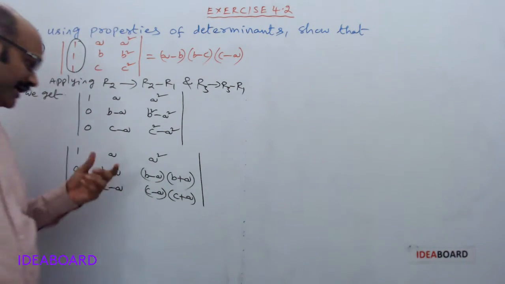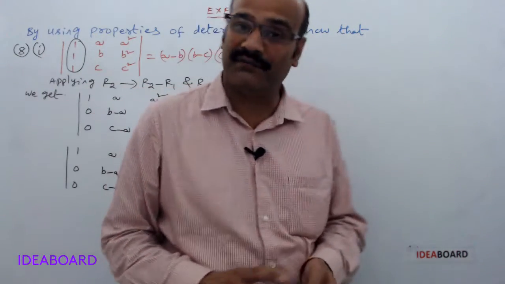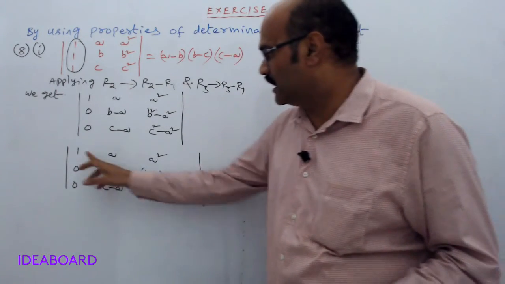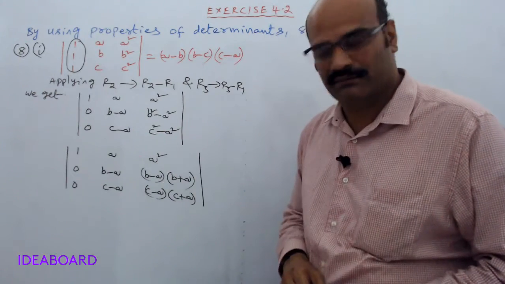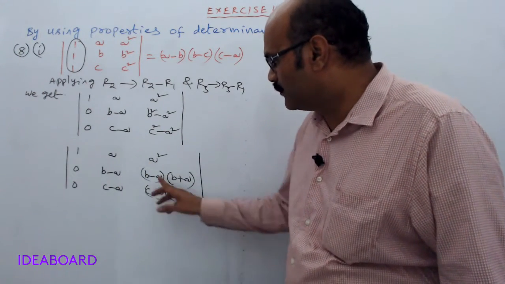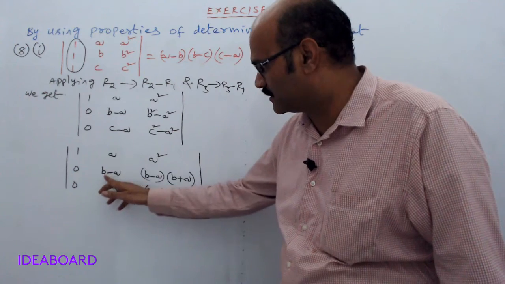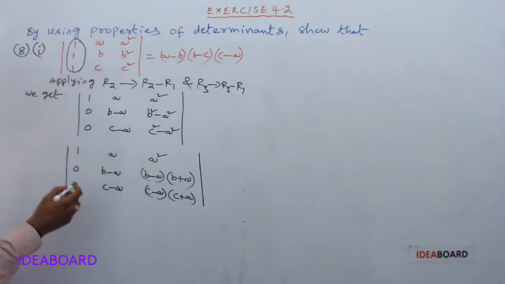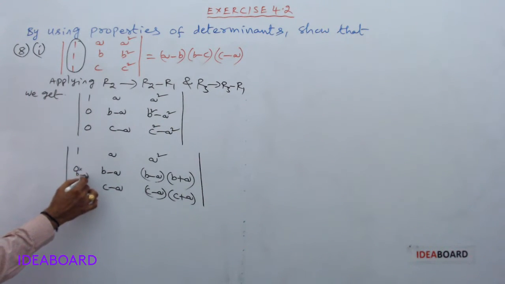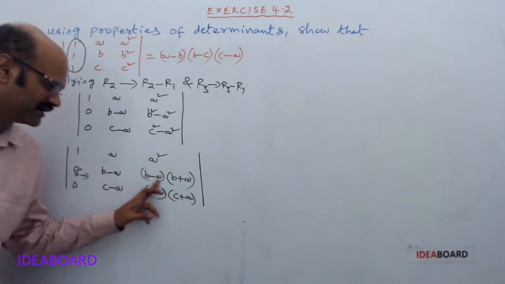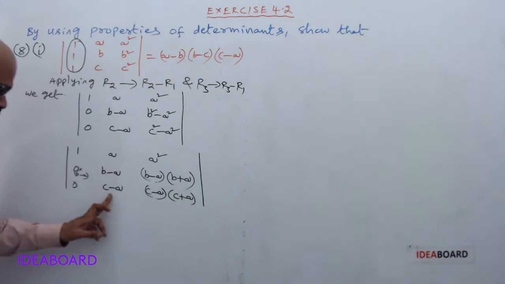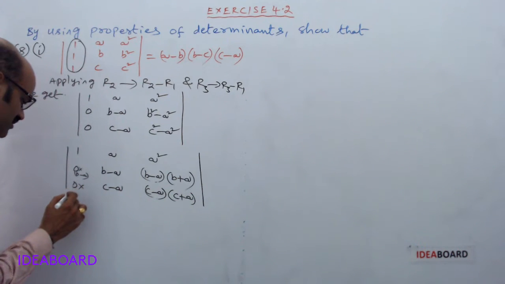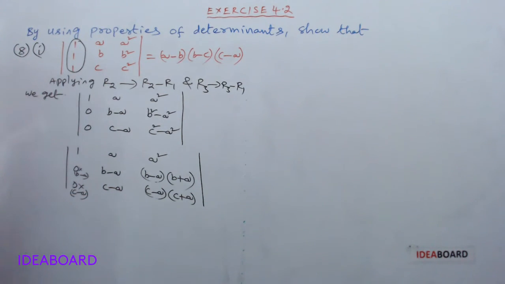Now we have to identify whether there is any common factor in R1, R2 and R3. In R1 there is no common factor, but in R2 we can take b minus a as a common factor, since the first element is 0 into b minus a. Similarly, in R3, c minus a is a common factor, since 0 into c minus a is always 0.